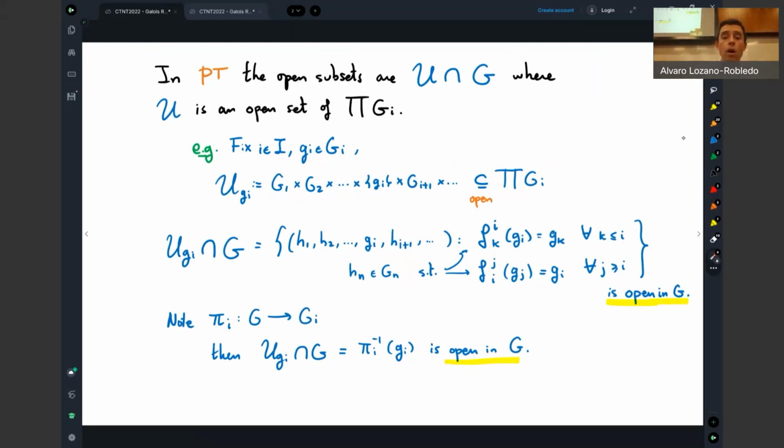Now what is going to be the corresponding open in my profinite group? Well, it will be coherent sequences such that the ith component is exactly g_i. What does that mean? For groups that are below the ith component, I know that my maps are going to map down and they tell me what the element has to be.